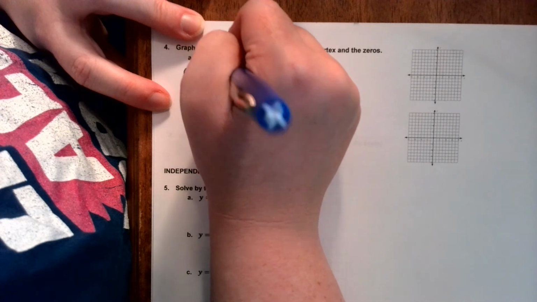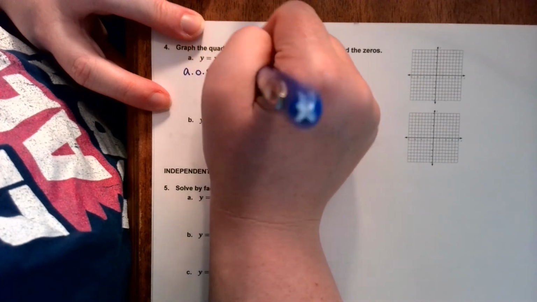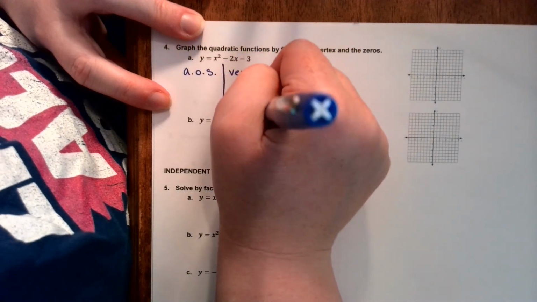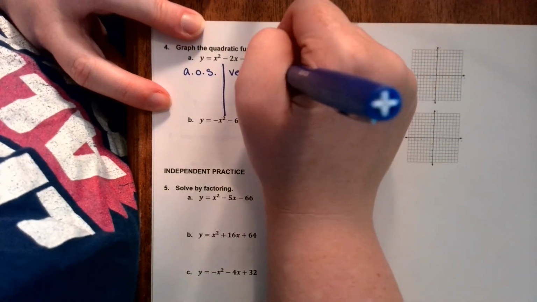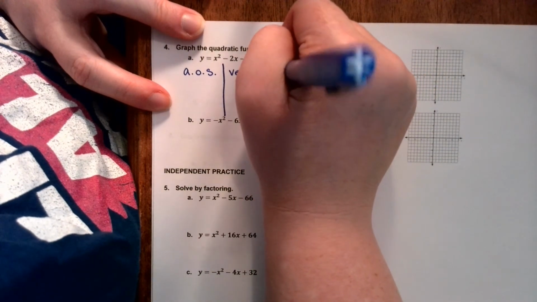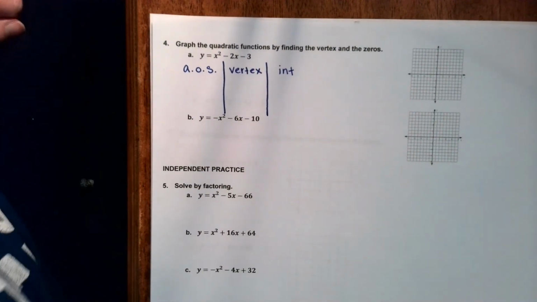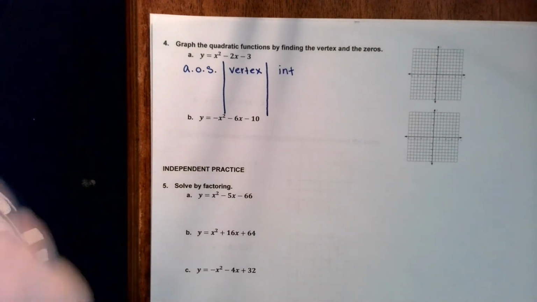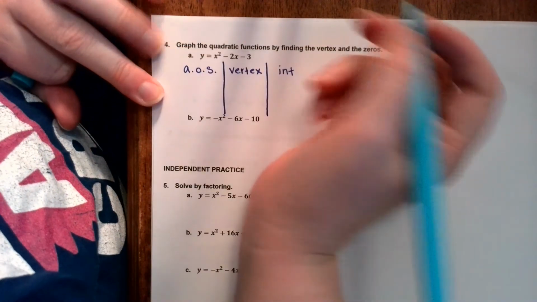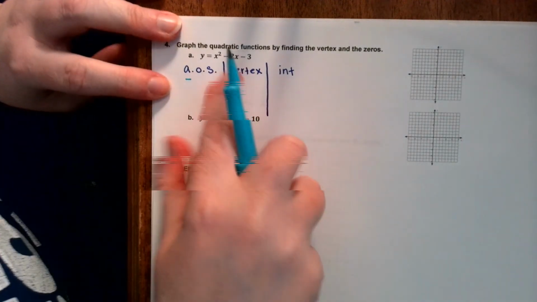Okay, and then we'll do vertex. And then we'll do intercepts. Okay. So my axis of symmetry, remember, is negative b over 2a. So negative, let's look at what b is. B is negative 2 here.